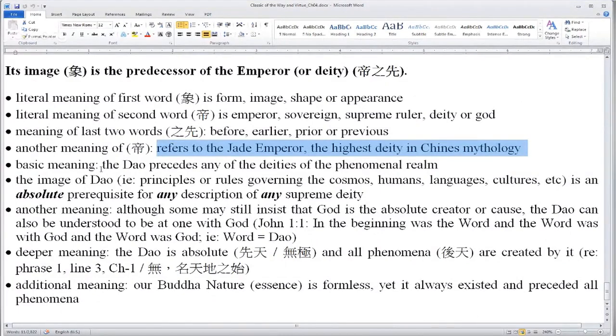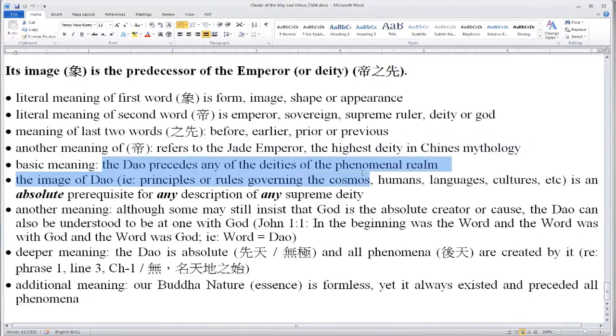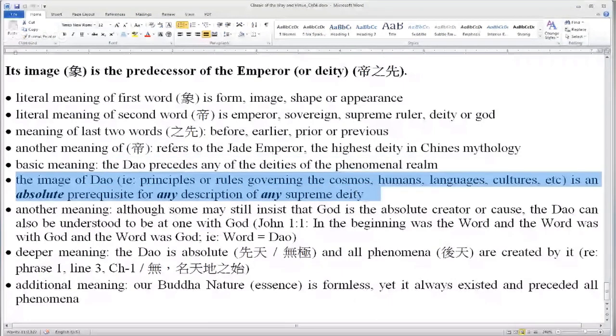But the basic interpretation of this phrase means the Tao precedes any of the deities of the phenomenal realm. Another way to say it is that the image of the Tao, which is the principles governing the cosmos, humans, lands, etc., is an absolute prerequisite for any description of anything.